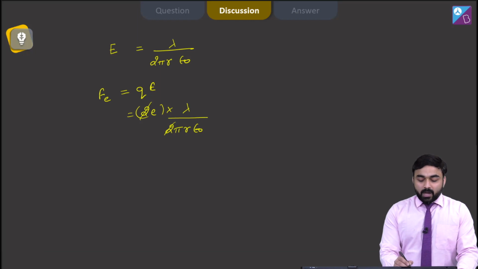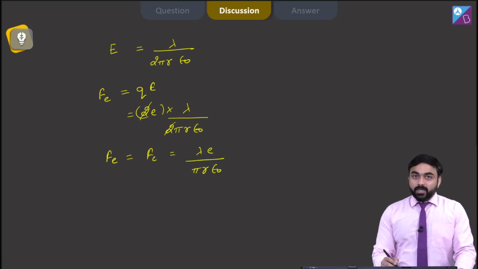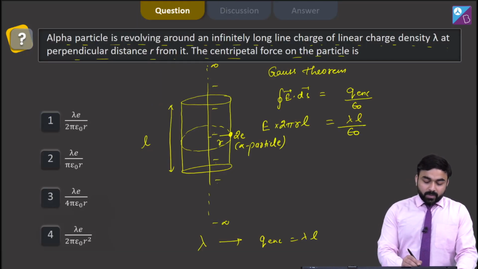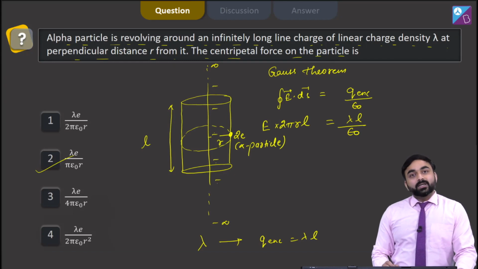This 2 will cancel out and the electrostatic force or centripetal force would come out to be lambda e over pi R epsilon naught. According to our calculation, option number 2 must be the correct answer.